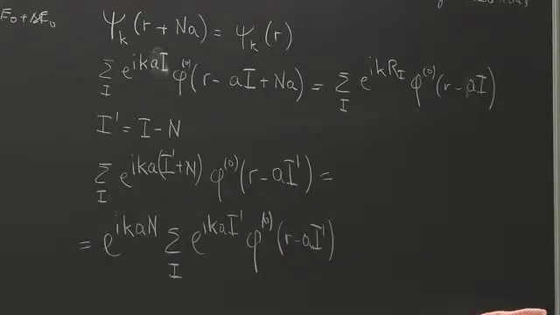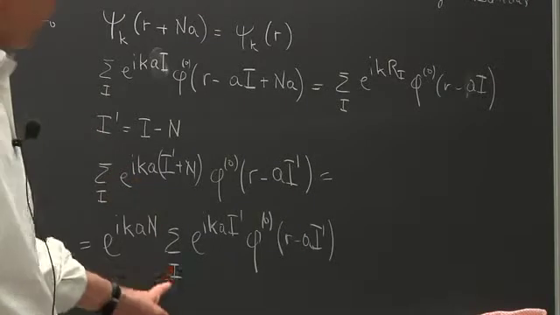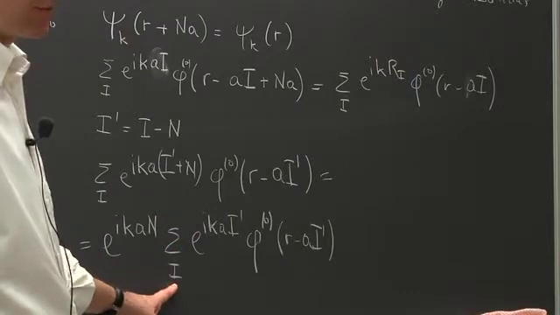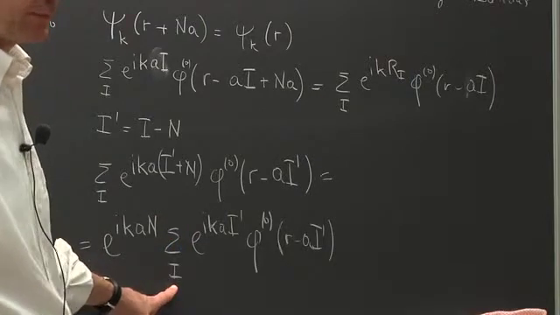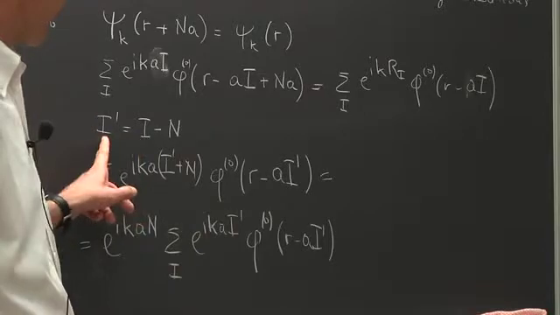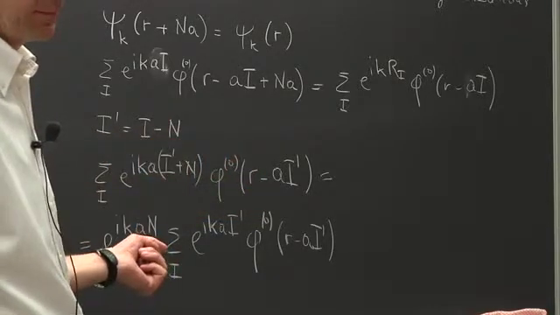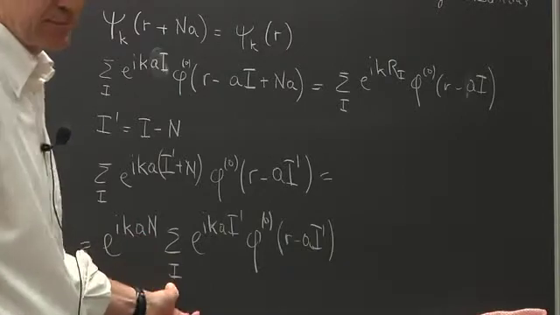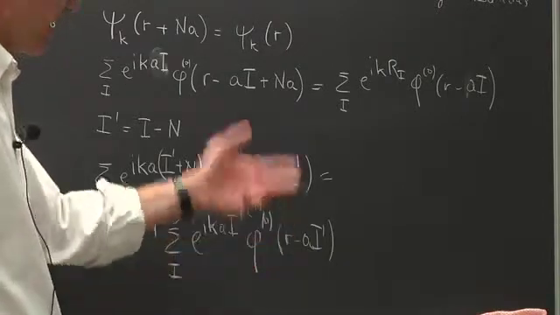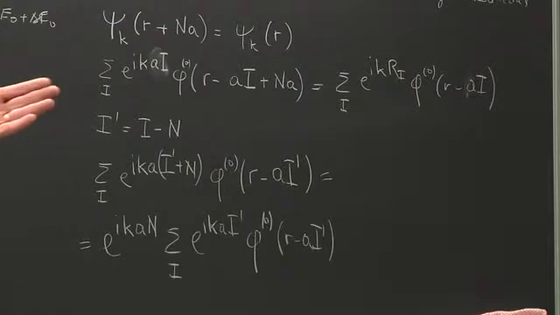Okay? But whether I sum over i going from minus infinity to plus infinity, or I sum over i prime, which also goes from minus infinity to plus infinity, it's the same. I'm just changing the index over which I'm summing.